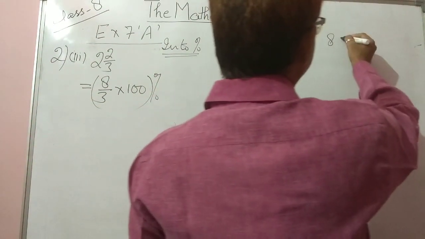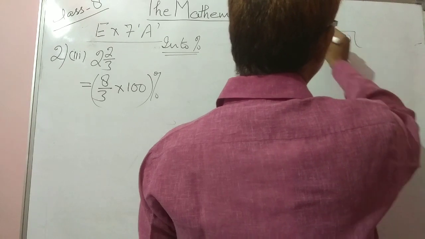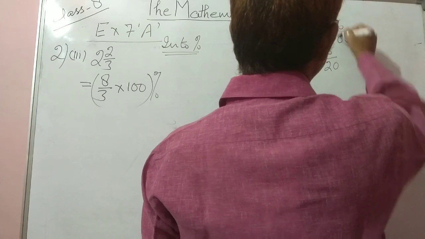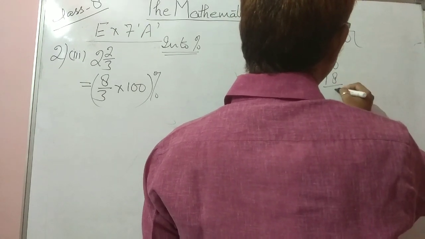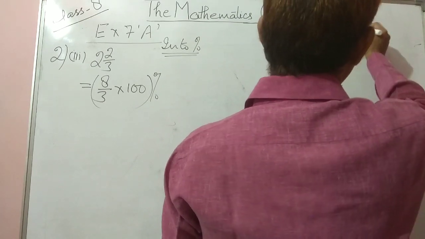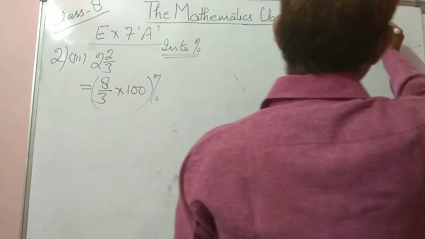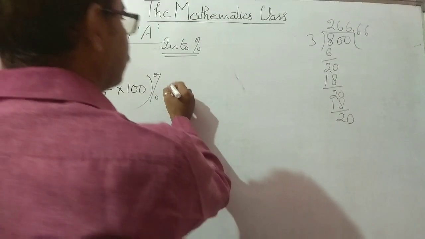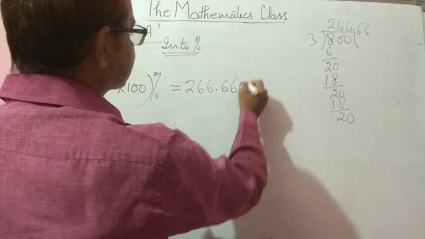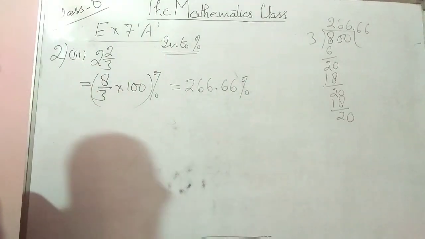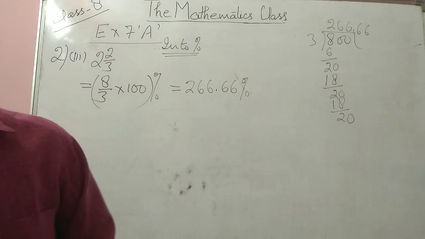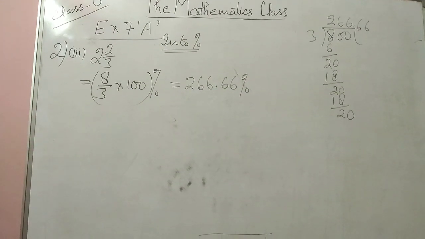Let's see, 800 divided by 3. 3 2s are 6. Now 20. 3 6s are 18. Again 20. 3 6s are 18. Now 2 left. Put a decimal, increase 1 zero. 6 6 and so on. So it will be 266.66%. That is how we solve it. It is a fraction given, you have to convert it into percentage.